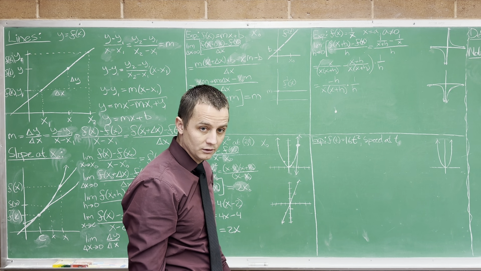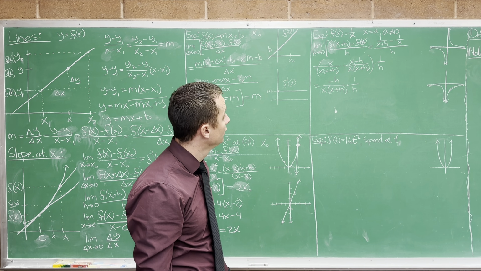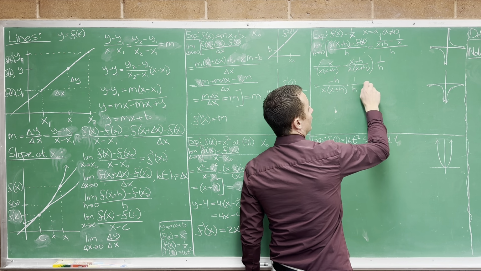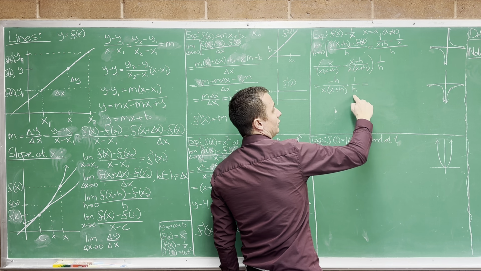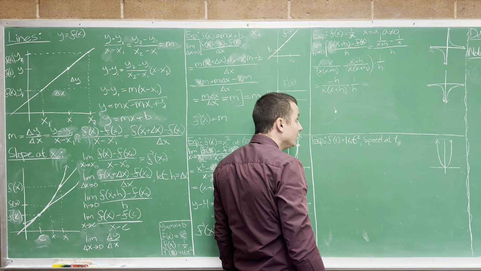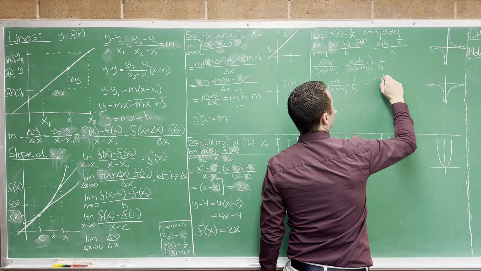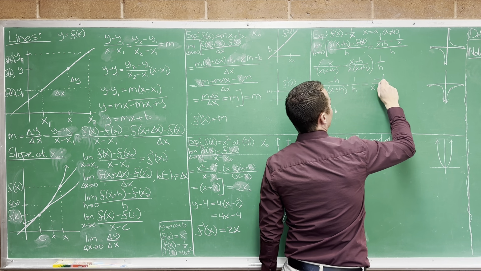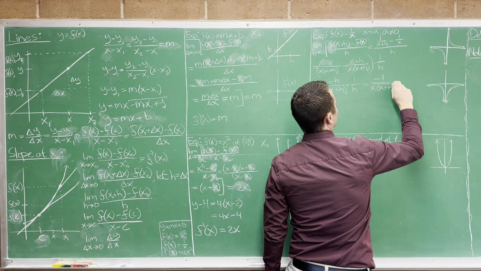Wouldn't that cancel the 0? The denominator? Well, now we can cancel. So now h and negative h cancel out, leaving what up here? Negative 1. So now it's negative 1 over x times x plus h.